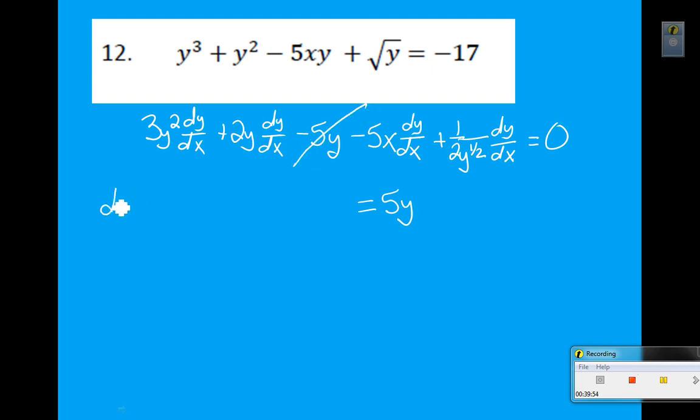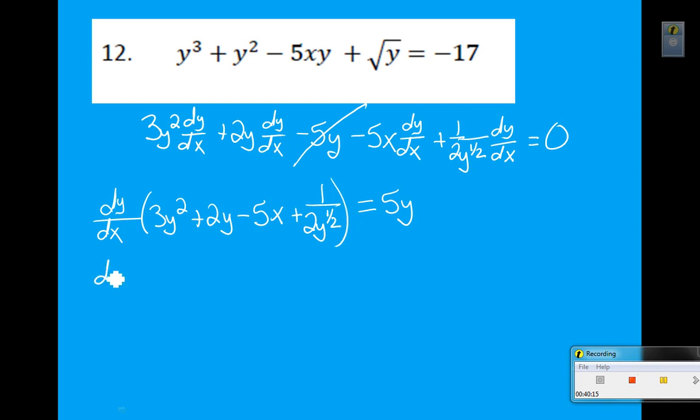Let me take out a dy/dx, just like we've been doing. So I've got a 3y squared plus 2y minus 5x plus 1 over 2y to the 1/2. To bring it home now, get a common denominator.